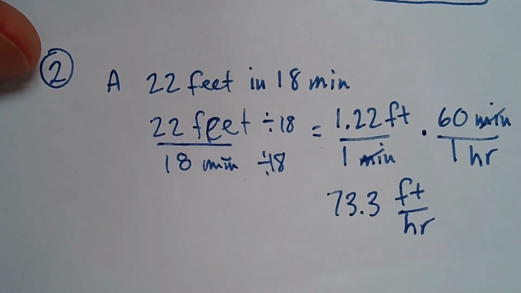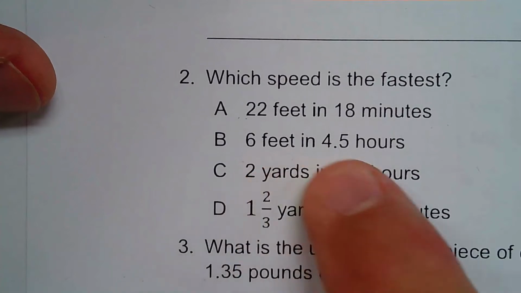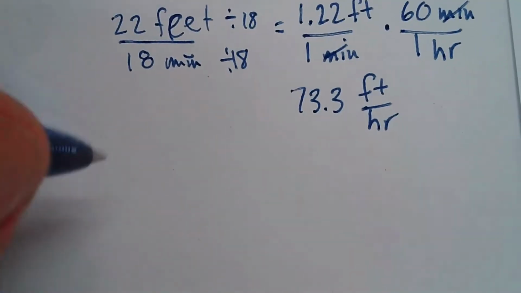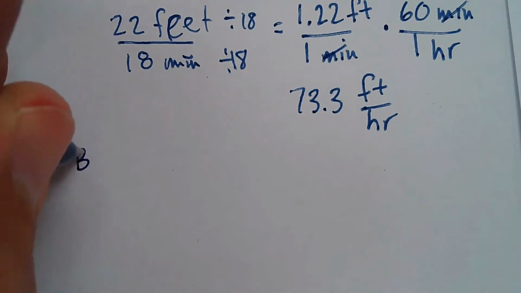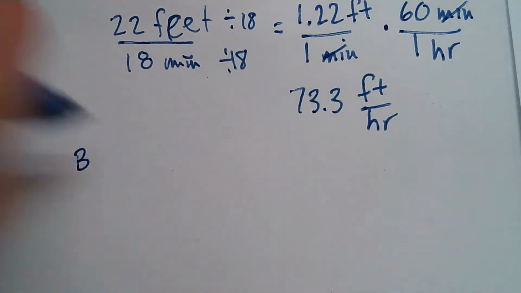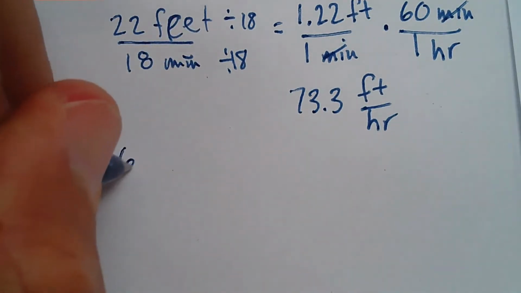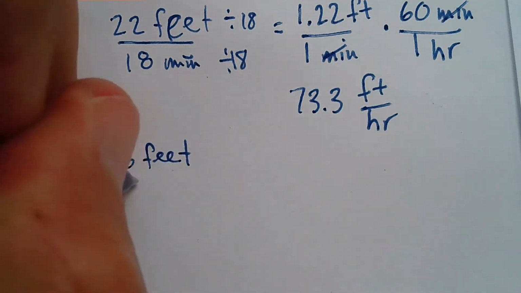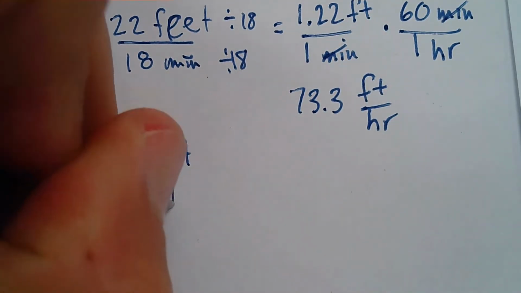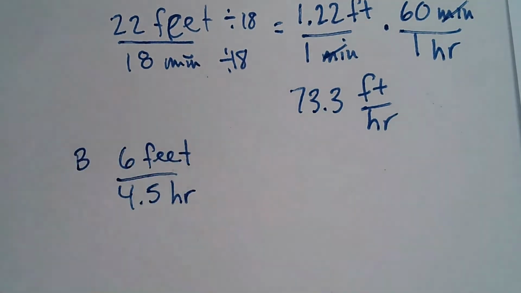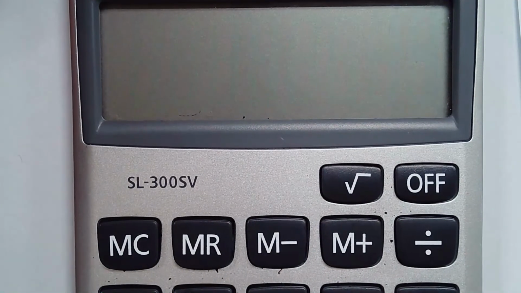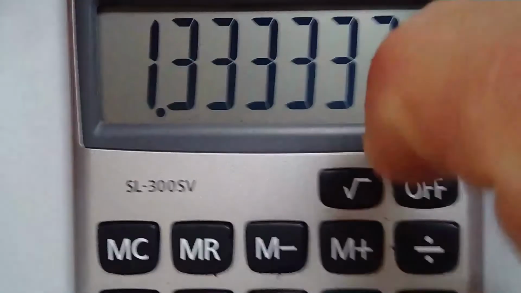We have to do this for all of them. So B is 6 feet in 4.5 hours. We already have it in hours there. So let's just divide that out. 6 divided by 4.5 is 1.3.